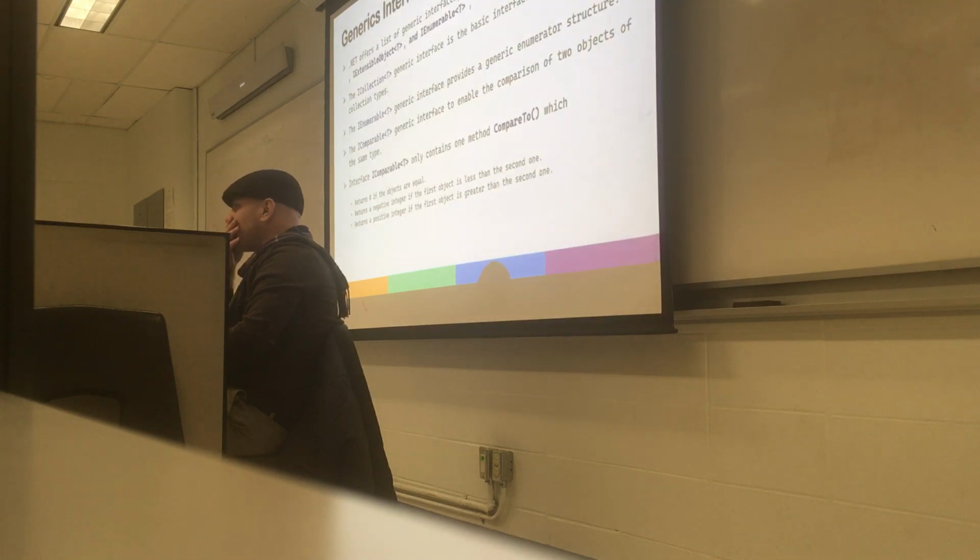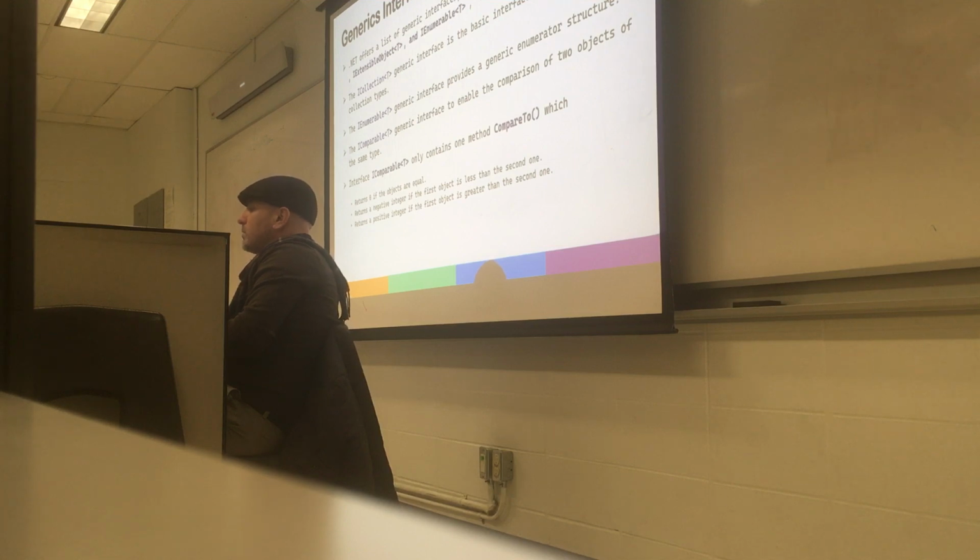Now, what is the generic interface? .NET offers a list of generic interfaces: ICollection, IEnumerable, IComparable of T. Each interface has a functionality, and each interface is used for different scenarios.